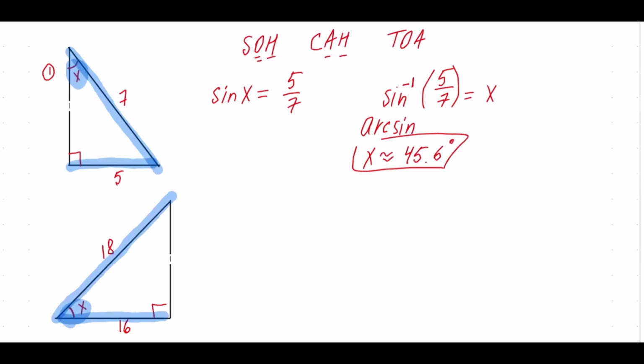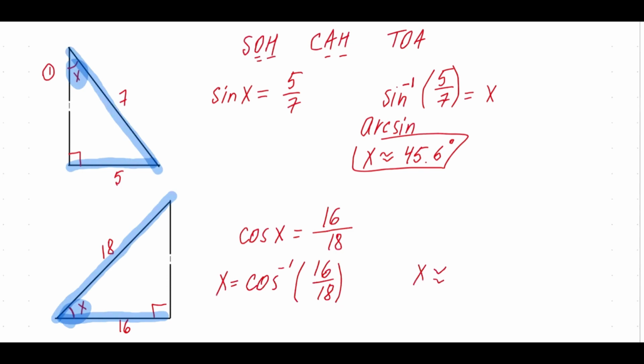We start with the trigonometric function, cosine of x, with the angle inside, and then continue with the definition: cosine of x equals adjacent leg over hypotenuse. For this one, again, we're going to find the inverse function. Cosine of what angle will give you 16 over 18? That should be around 27.3.